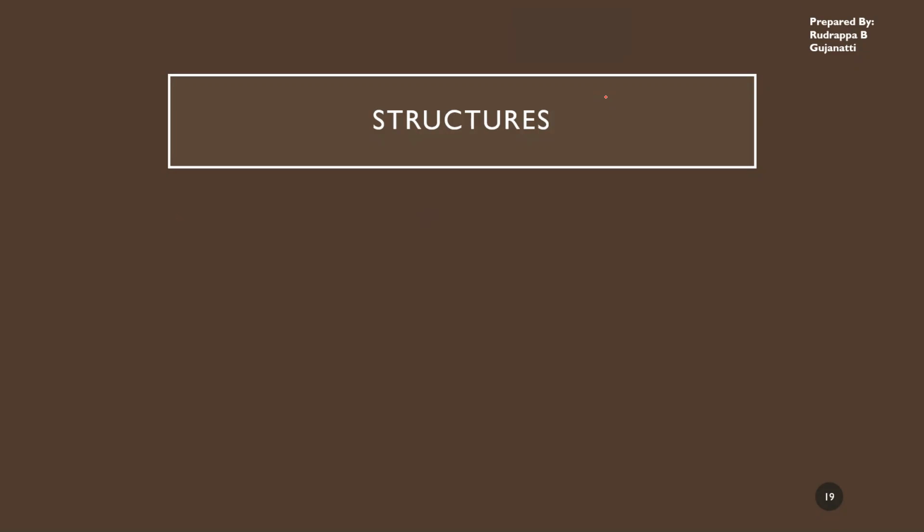Okay. So next we come across structures. Before going into structures, we have to see what is the drawback of the array that we discussed previously. If we have an array, it will allocate a continuous memory location, and an array will store data which is of a similar type.